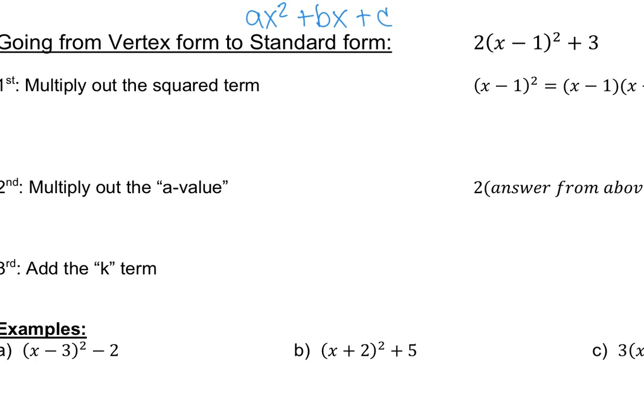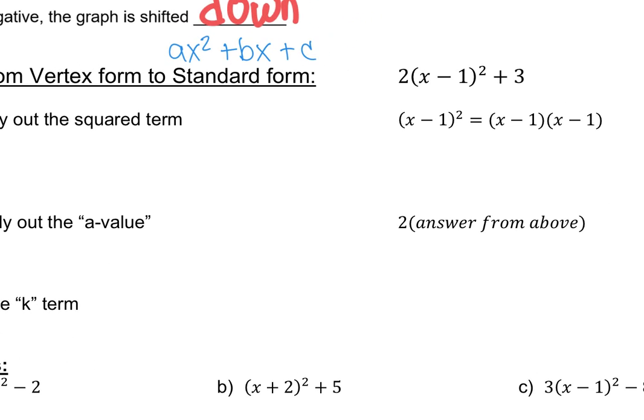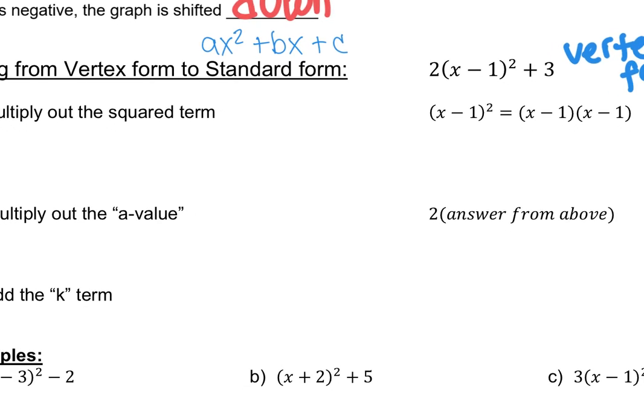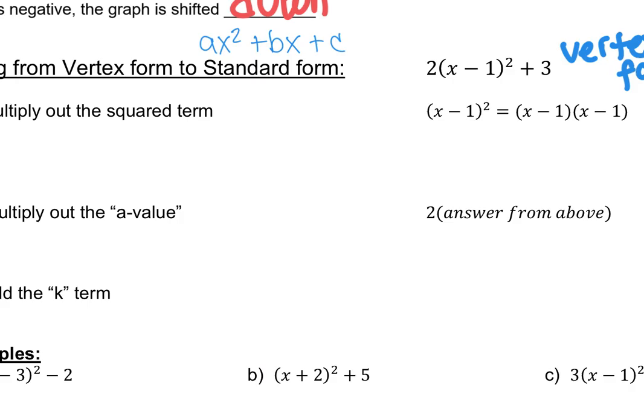So here is our vertex form right here. And we need to switch it to standard form. So let me move this over so you can see the whole screen. There we go. Number one, the first thing you will do is multiply out the squared term.